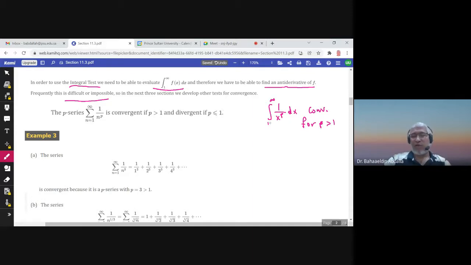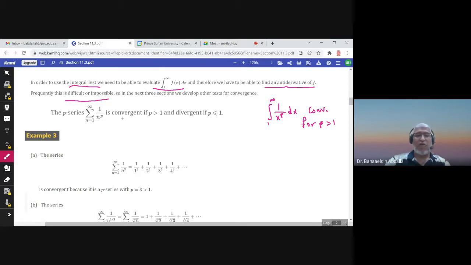So because of this, and 1 over x to the power p from 1 to infinity is positive, decreasing, continuous, because the domain is all real numbers except 0. We have no problem with 0 because we start from 1 to infinity. This is if p is greater than 1.